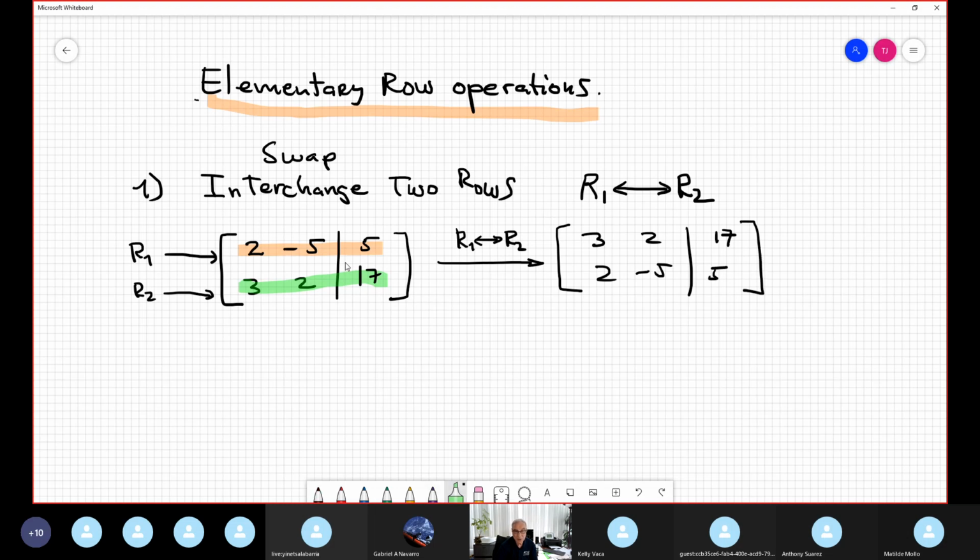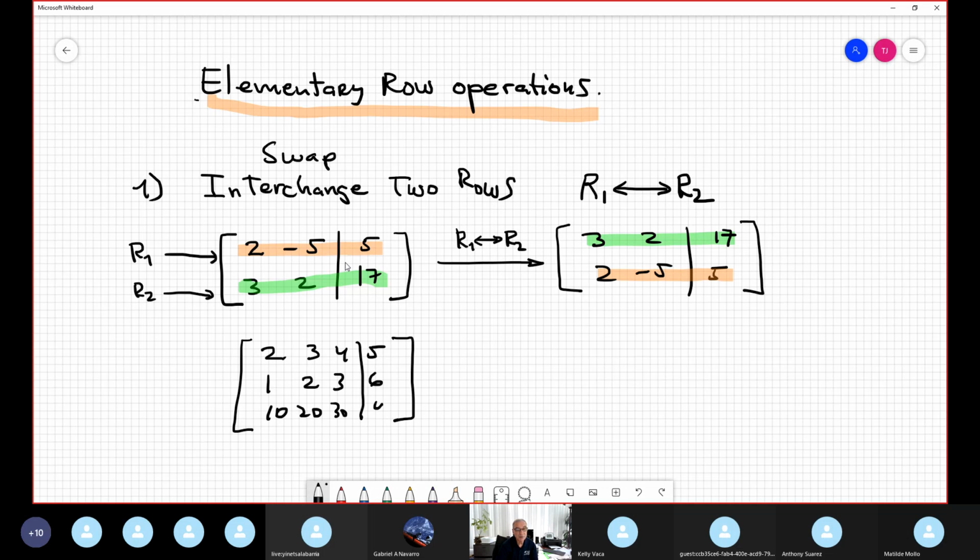Maybe you don't understand the application very well now, but let me try to put a good example to understand this. Suppose in one hypothetical problem I have this equation: 2, 3, 4, 5. This is the line. 1, 2, 3, 6, 10, 20, 30, 40. I make a decision to apply Gauss-Jordan or Gauss elimination, either one.